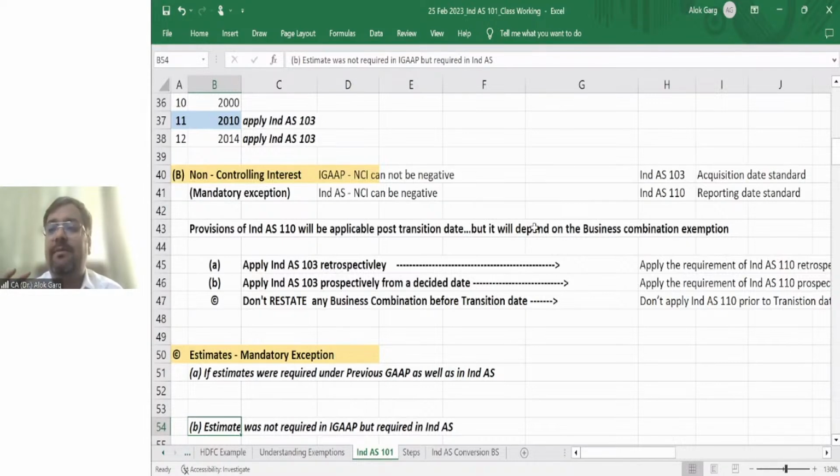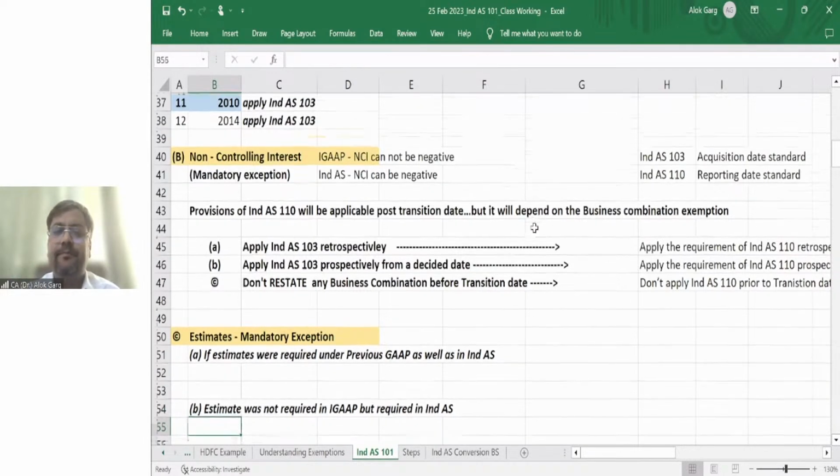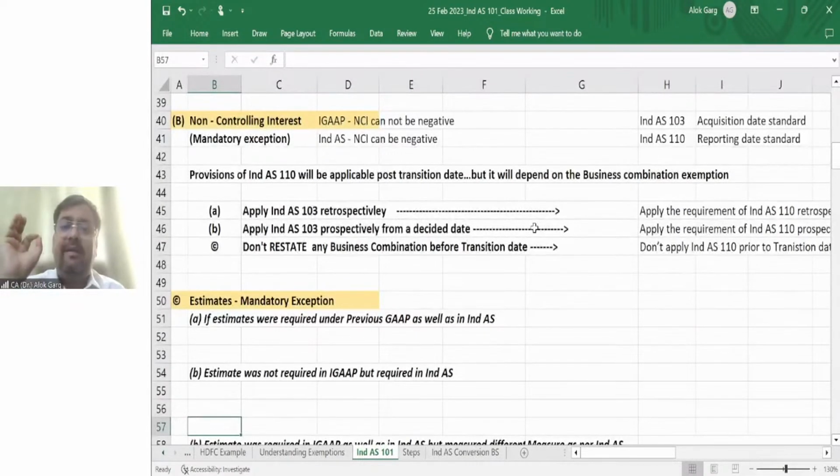Estimates are the best estimate and judgments, right? Ind AS 101 says that estimates were required under previous GAAP as well as in Ind AS. If estimates were required under previous GAAP as well as in Ind AS, the standard says to use the same estimate.